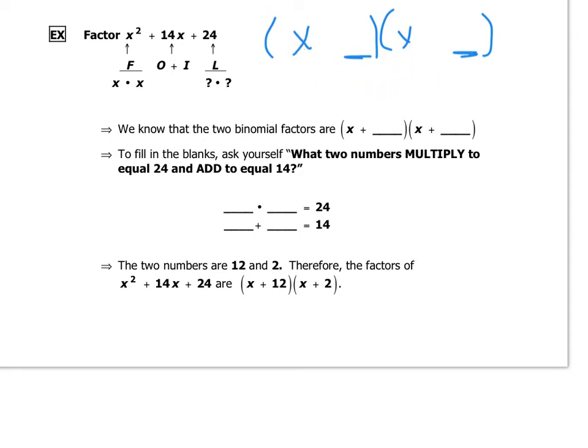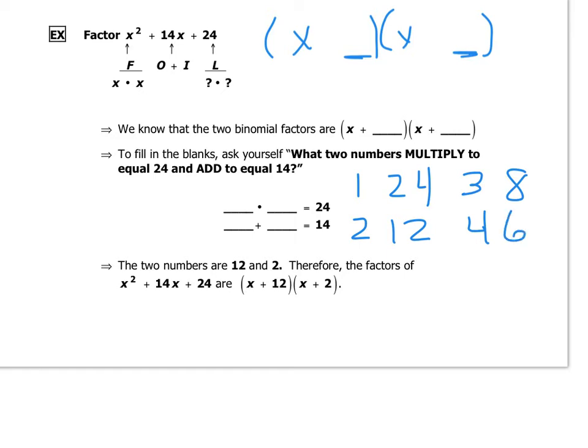So what I'm looking for is what multiplies to 24 and adds to my middle number of 14. I'm going to go through everything I know that multiplies to 24. 1 and 24 adds to 25. 2 and 12 adds to 14. 3 and 8 adds to 11.